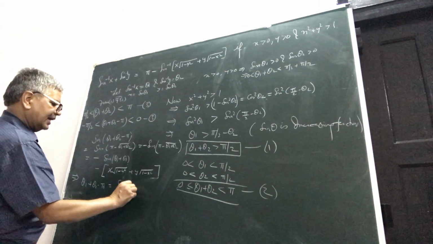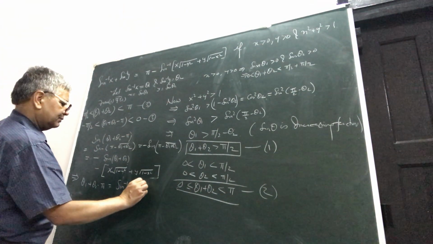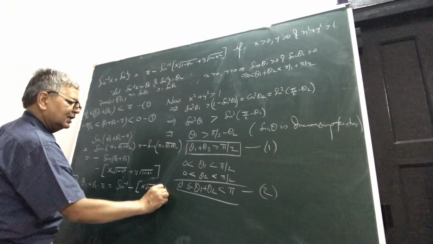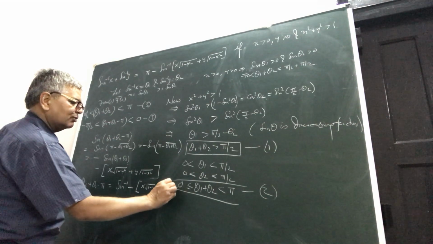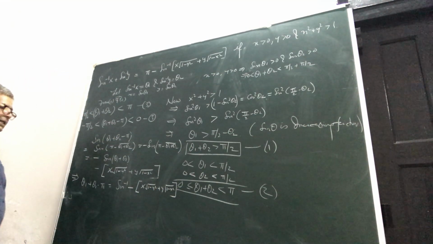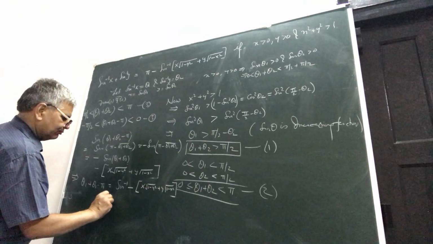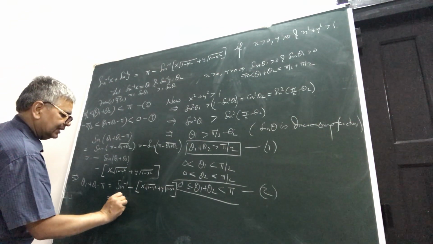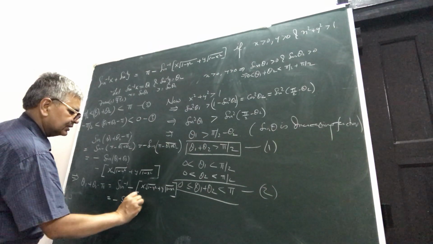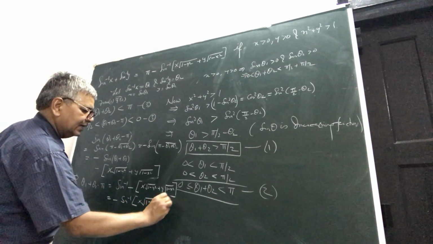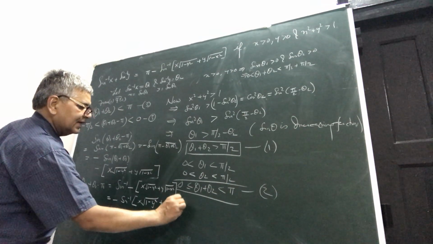Sine inverse of minus (x under root 1 minus y square plus y under root 1 minus x square) becomes minus sine inverse of x under root 1 minus y square plus y under root 1 minus x square.